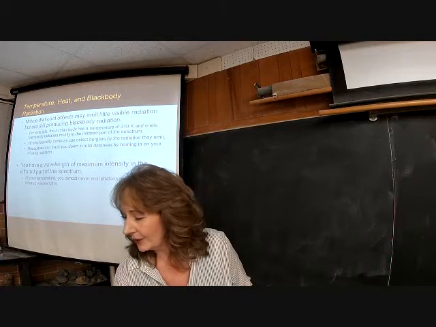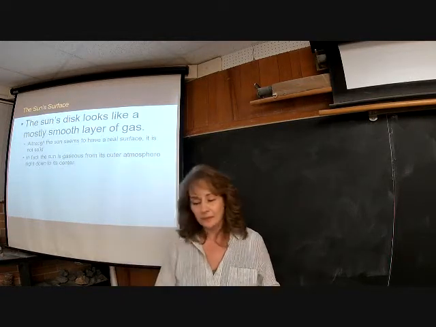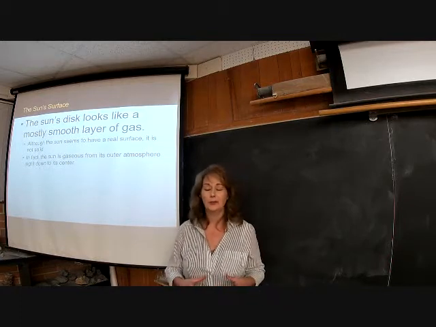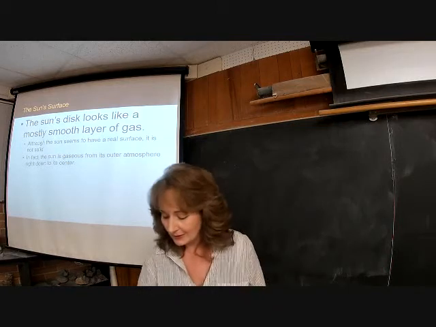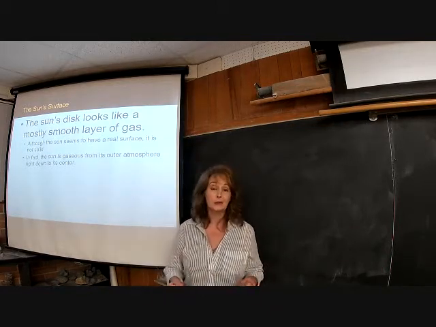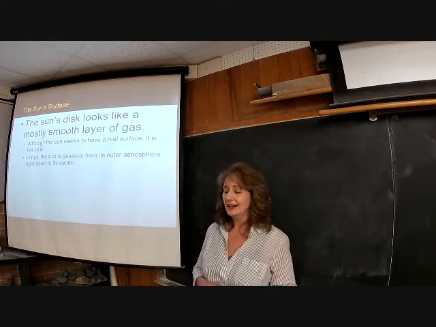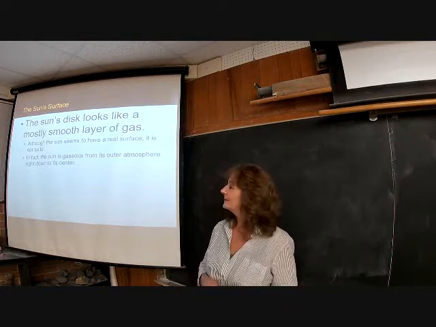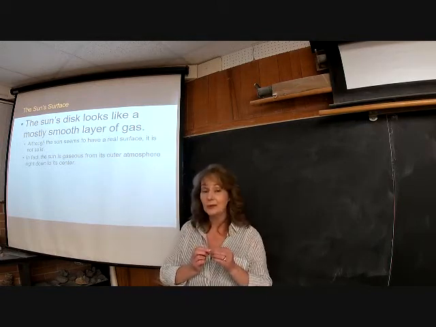So looking at wavelength of maximum intensity, and relating that to the sun, let's look at the sun's surface here. It looks mostly smooth, but the closer we get up to it, it actually has a very granulated look to it. But the sun is gaseous from its outer atmosphere right down to its center.